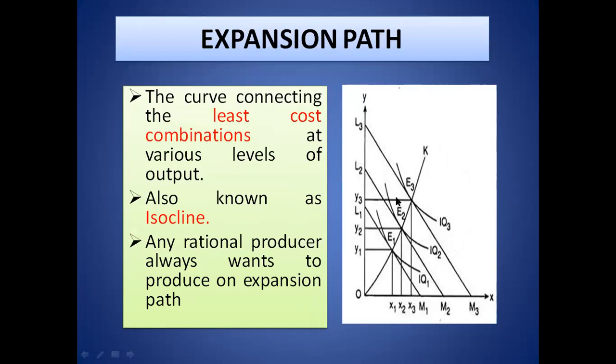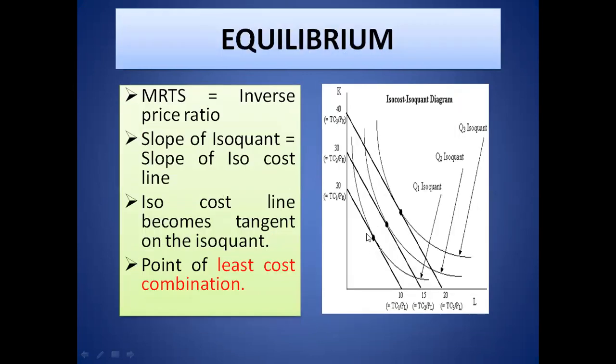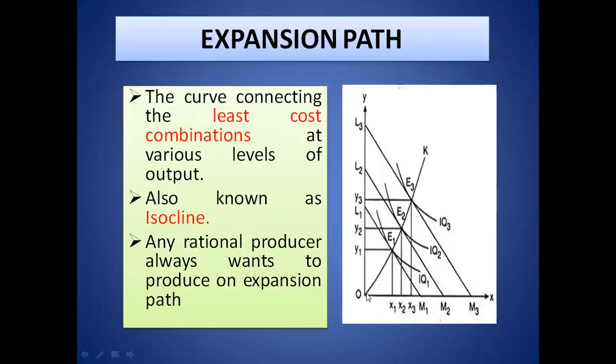Next is the expansion path. What is the expansion path? The curve connecting the least cost combination points at various levels of output. Let me show you. These are the least cost combination points we have discussed. If we join these least cost combination points with the origin, that is called the expansion path.